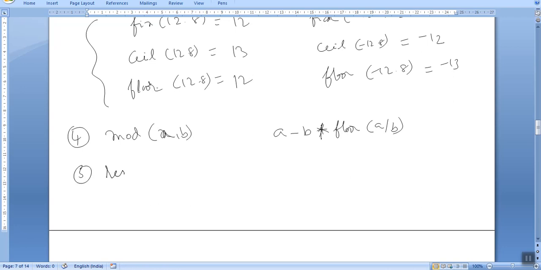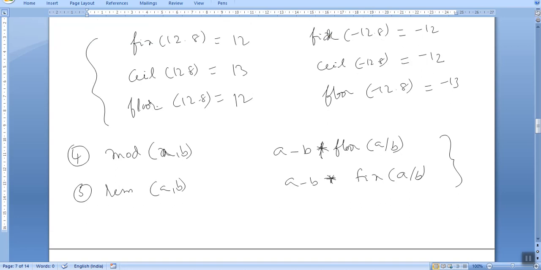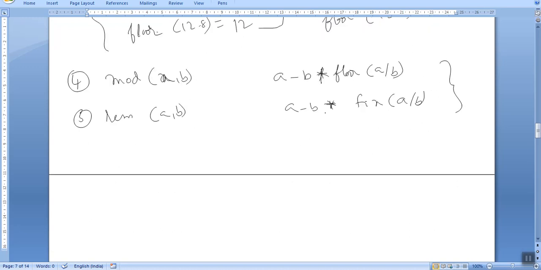The remainder function is a minus b into fix of a by b. So you should know the difference between these two. If both have the same sign, you will get the same values. If both are positive, you will get the same values.